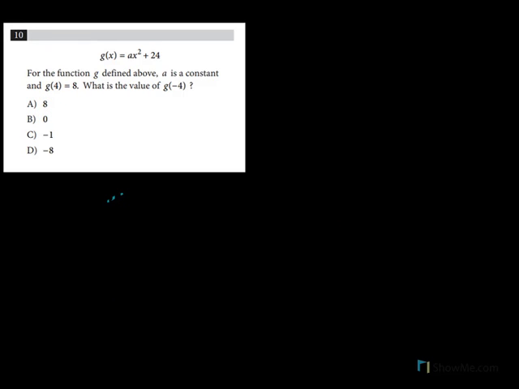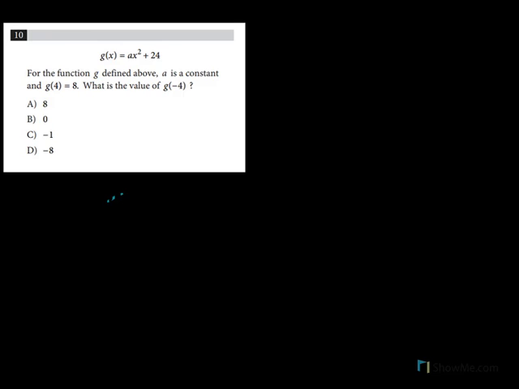Another method to solve this problem is to solve by substitution. Since here we know that g of 4 equals 8, we can substitute 4 for x and make it equal to 8.